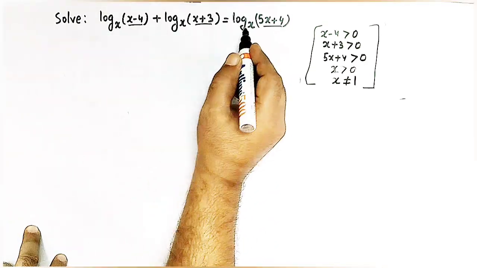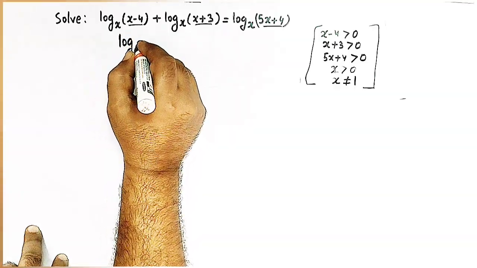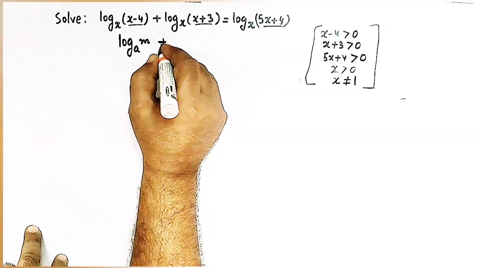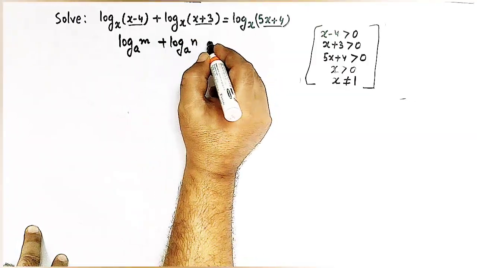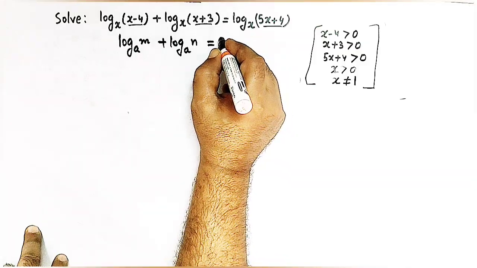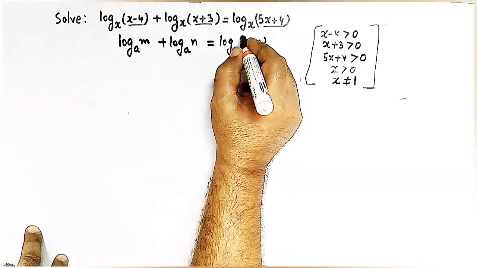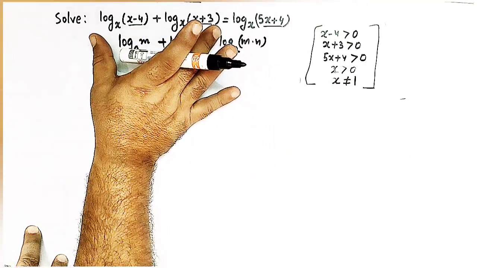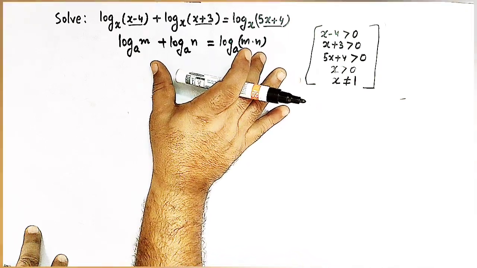So now let us make use of this property of logarithms, that is log of m to the base a plus log of n to the base a is equal to logarithm of m times n to the base a, right? So here in the left hand side we can make use of this property.